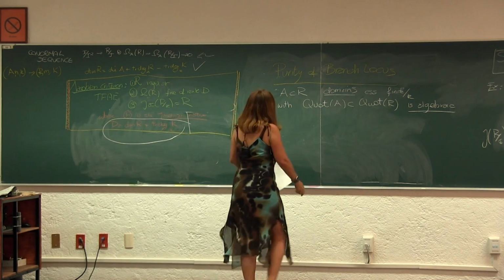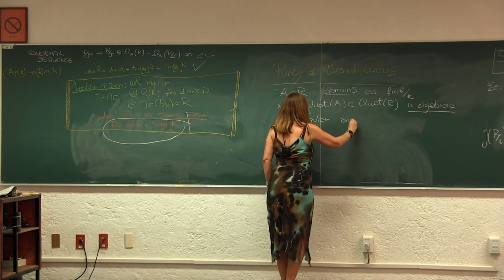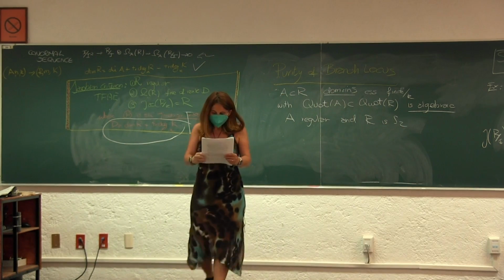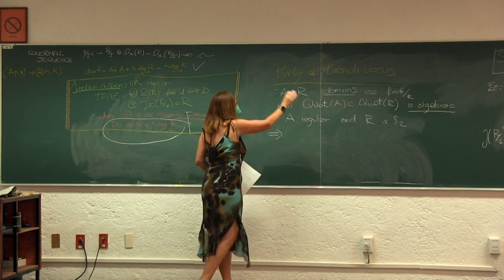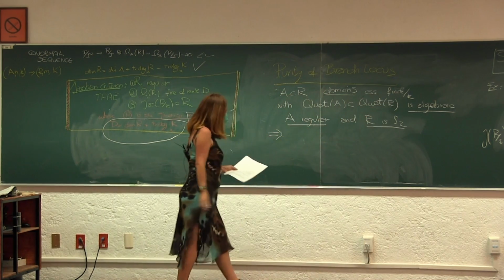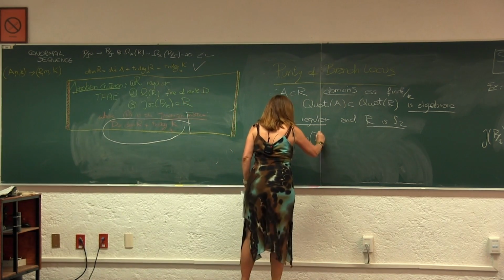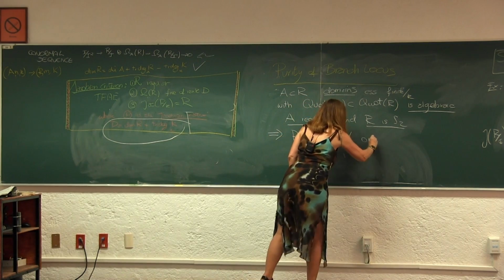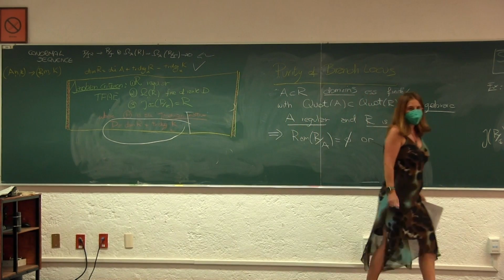When I assume that A is regular and I is S2, then the conclusion after all these assumptions is that the ramification locus either is the empty set or is pure of codimension 1.